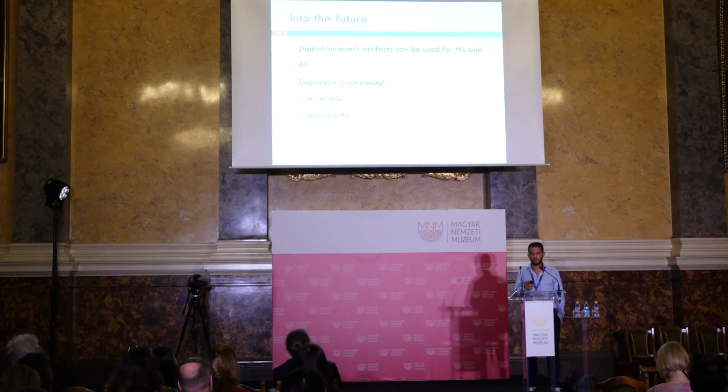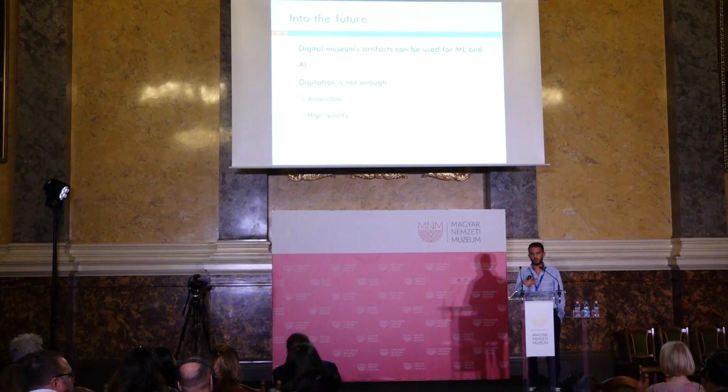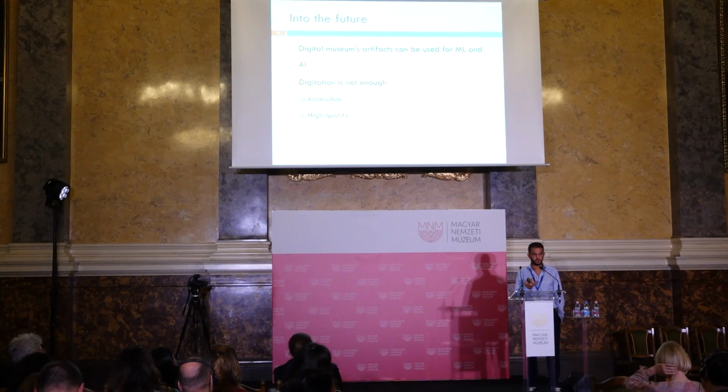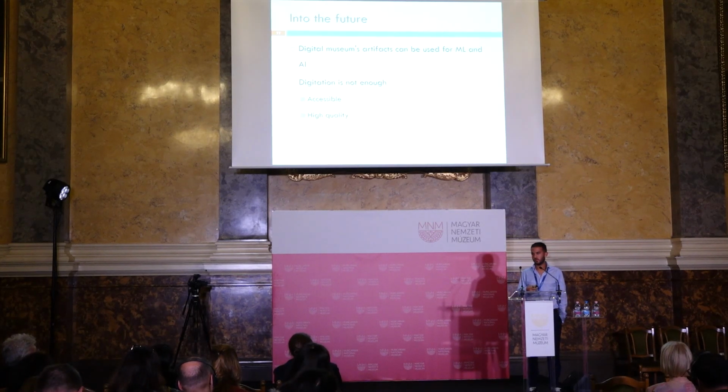And also, as I mentioned a bit before, I think that not only digitization itself is important, but also accessibility. I think that we managed to reach good results because we had enough data set available for us, enough corpora, and the quality, of course, of the pictures, of the text.